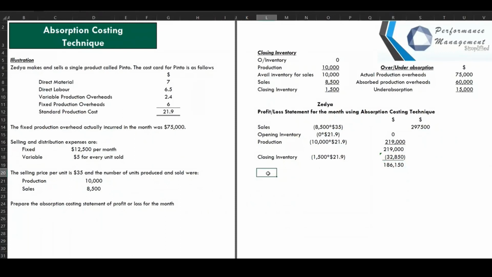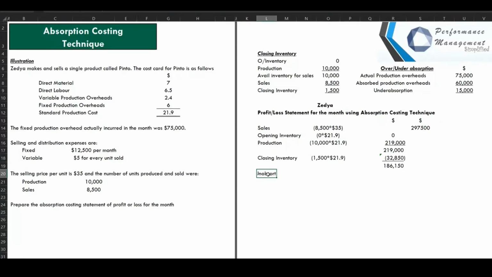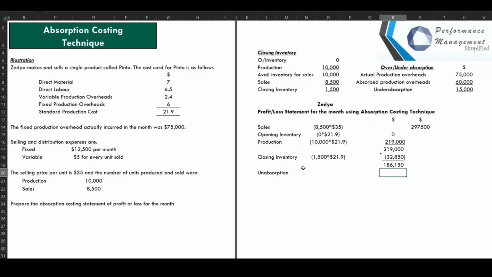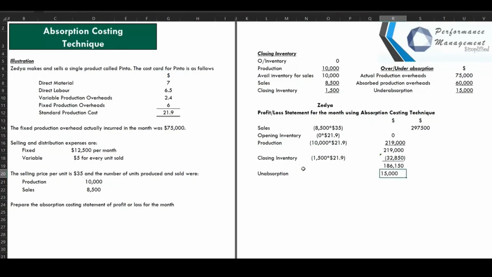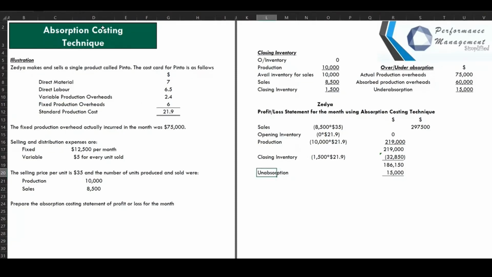This ordinarily would have been my cost of sales, but remember, we have a case of an under absorption. Our cost has been under absorbed. So we have to bring that in on the charge to add more to our cost. Sorry, this is under absorption. Apologies, under absorption. All right.